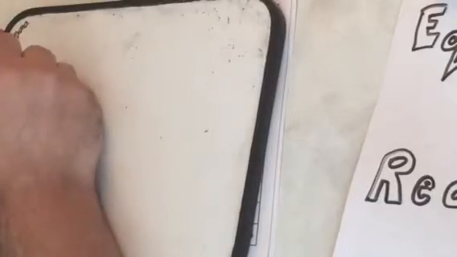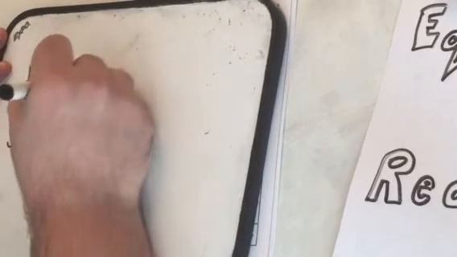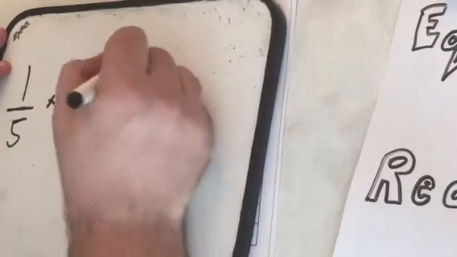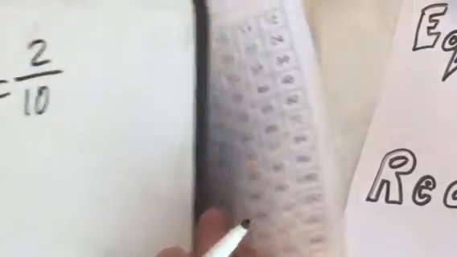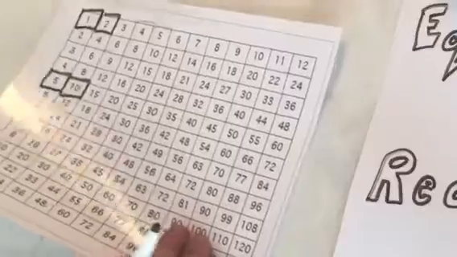If you have 1/5, times 2/2, well, 1 times 2 is 2, and 5 times 2 is 10. So 1/5 is going to be the same as 2/10.